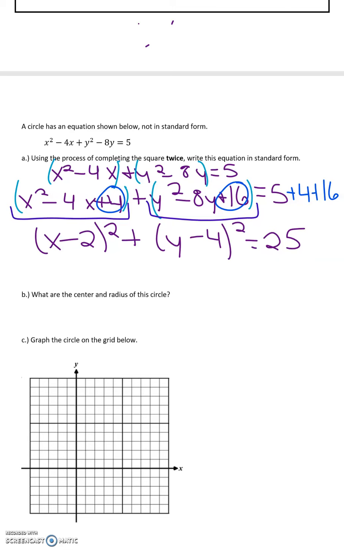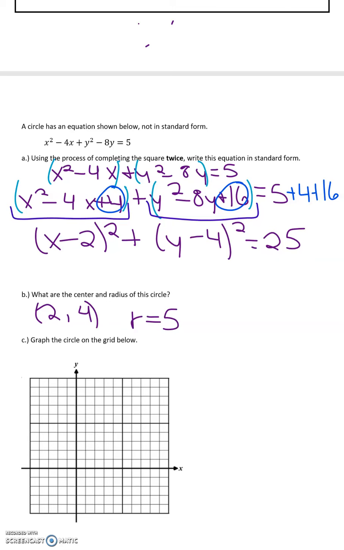Using that process, we completed the square twice, and now we have a standard form equation of our circle. So when it's asking what our center is, we can easily look at it and say that our center is 2, 4, and that our radius is 5.